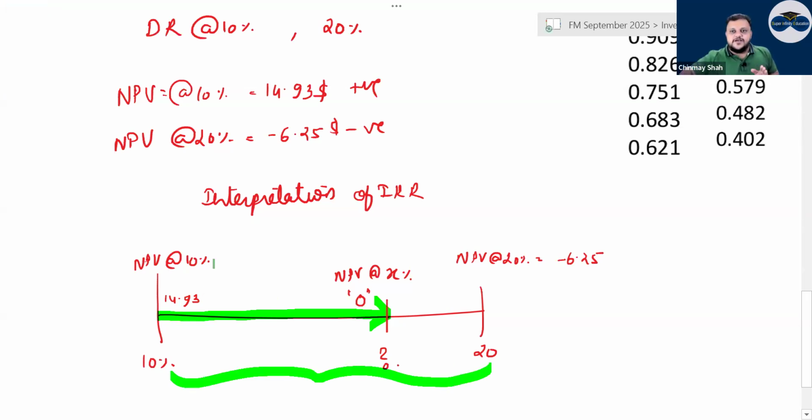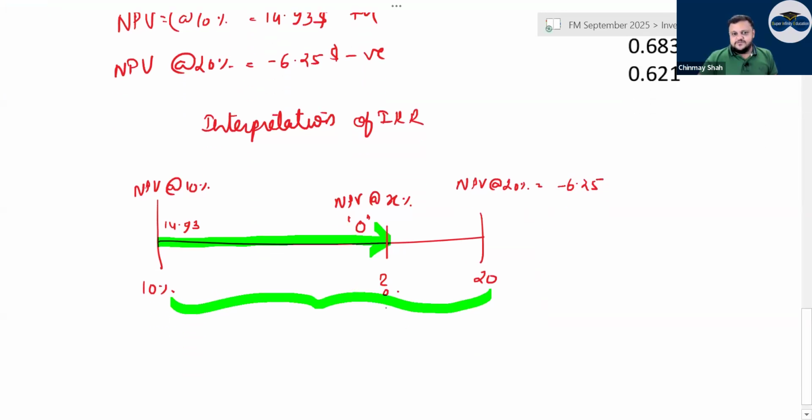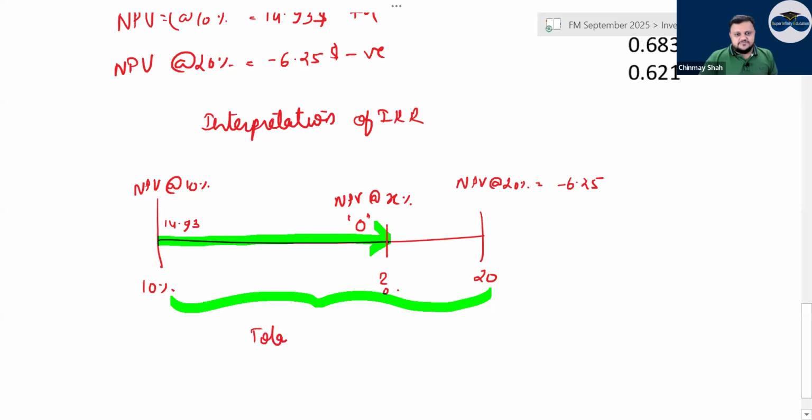Total area between 14.93 and negative 6.25 is how much? See, total area in percentage, correct? Total area in percentage is how much? Total area in dollars, tell me. Sir, 14.93 from here and going 6 points here.